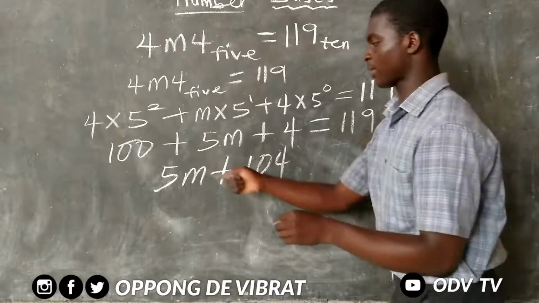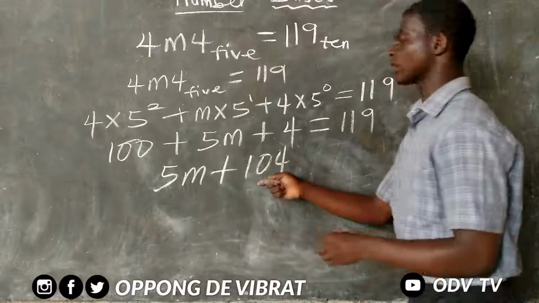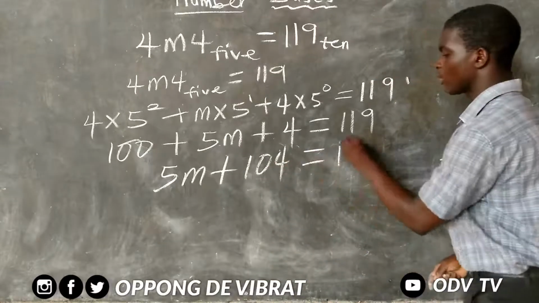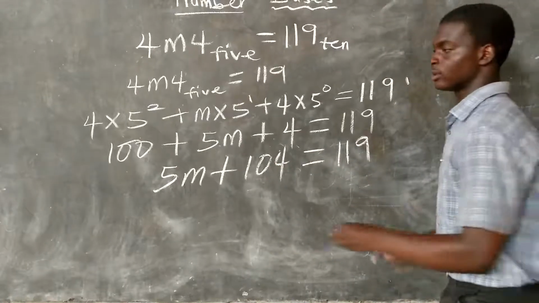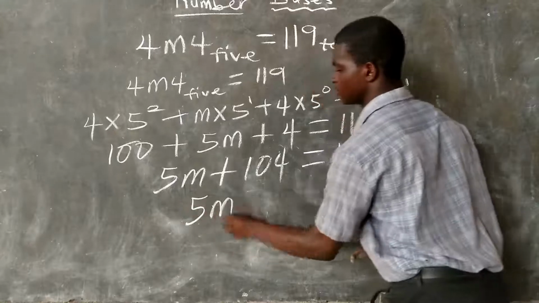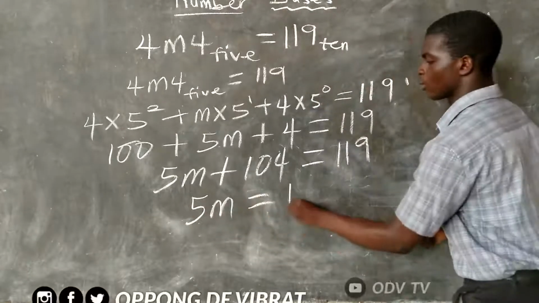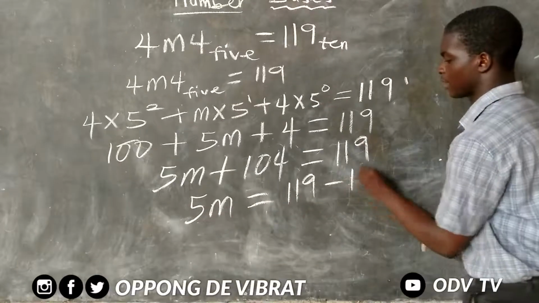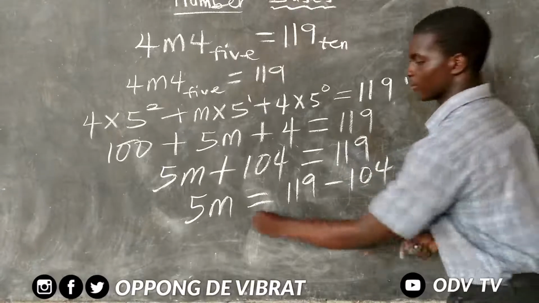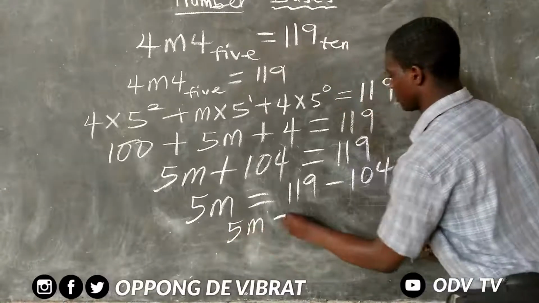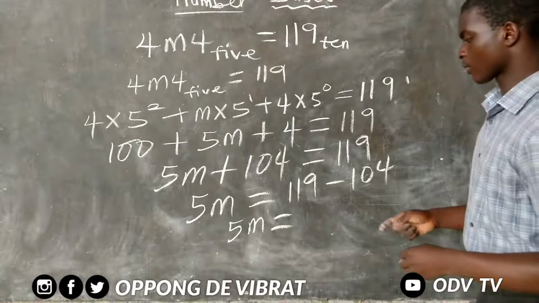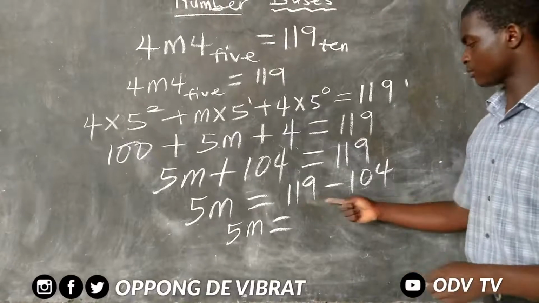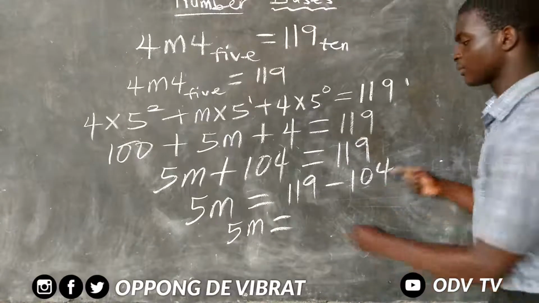So 5m plus 104 is equal to 119. And so we have 5m equal to 119 minus 104. 5m is equal to 119 minus 104 gives us 15.